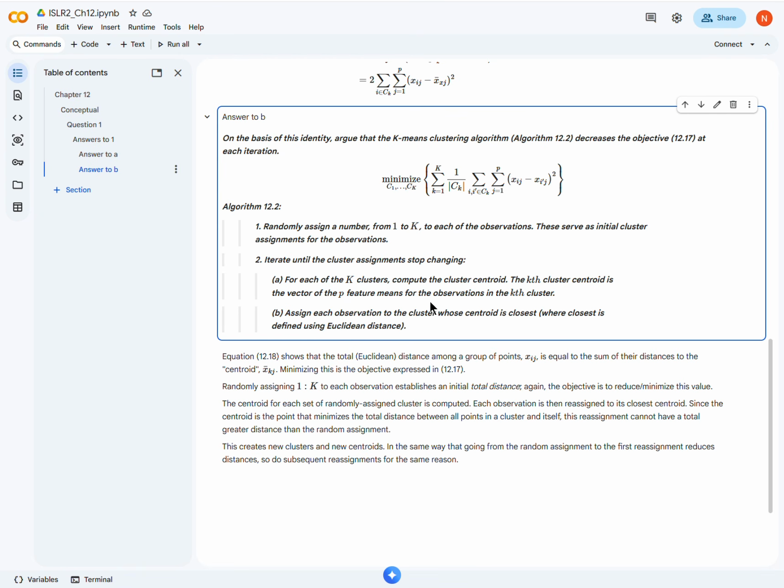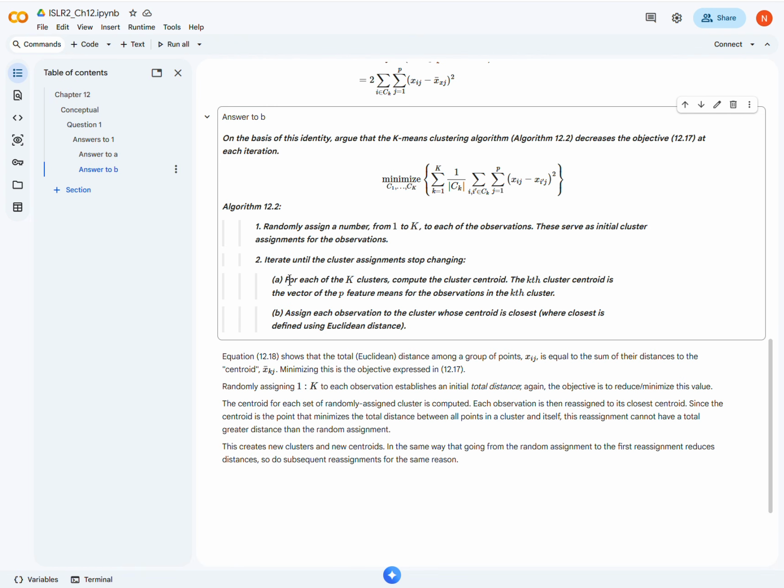Anyway, and so now we have a set of k centroids, and now we reassign each observation to the centroid that is closest. And now we iterate.